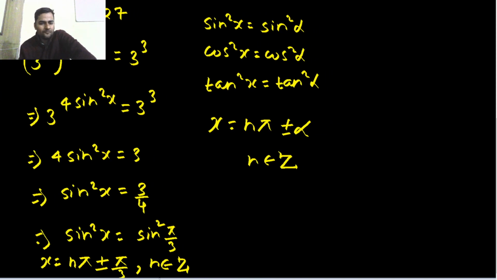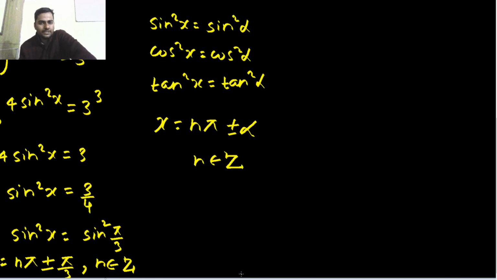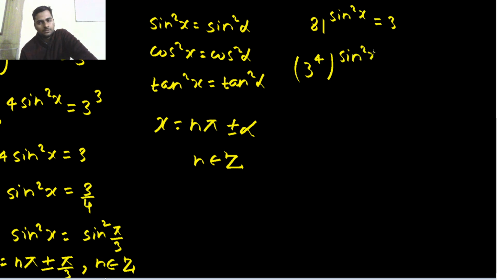Another set will come from 81 power sin²x equals 3. Again, this can be written as 3 power 4 sin²x equals 3 power 1. Again, equating powers of 3, we will get 4 sin²x from this side and 1 from this side.